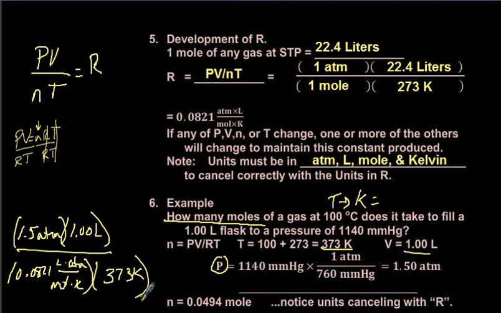If you look carefully at the units, you'll see that the atmosphere will cancel with the atmosphere, the liter on top will cancel with the liter in the fraction, and the Kelvin will cancel with the Kelvin on the bottom, leaving us with mole on the bottom of a fraction, which actually makes the mole on top, and we wind up with an answer of 0.0494 moles, noticing how all the units cancel.